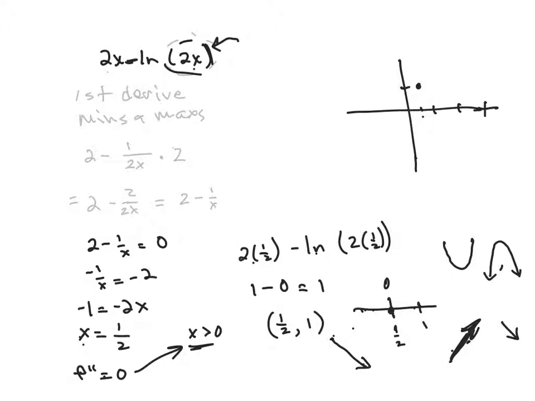So if I plug 1 into my original equation, I get 2 times 1 is 2 minus the natural log of 2 times 1. So 2 minus the natural log of 2. So I have a point at 1 comma 2 minus the natural log of 2.